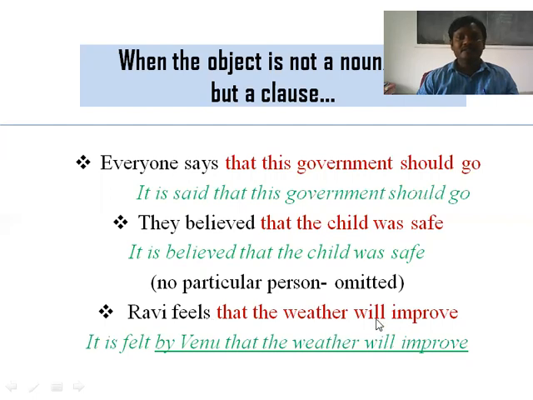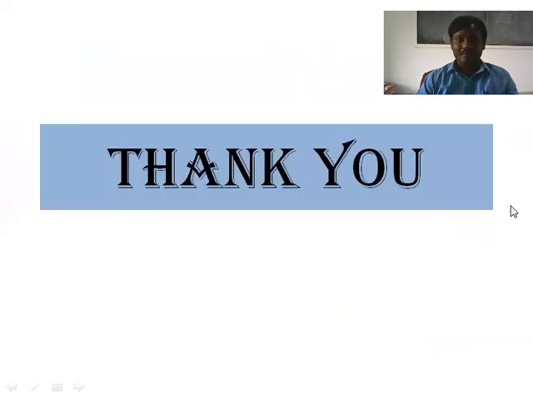Ravi feels that the weather will improve. It is felt by Ravi, the passive form of feels, that the weather will improve. Here, this by Ravi can be omitted based on our purpose. Hope you have understood the session. Thank you very much.